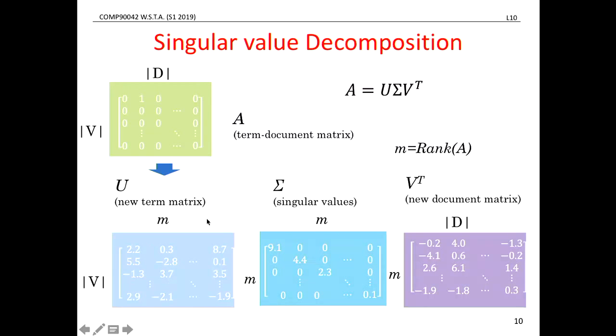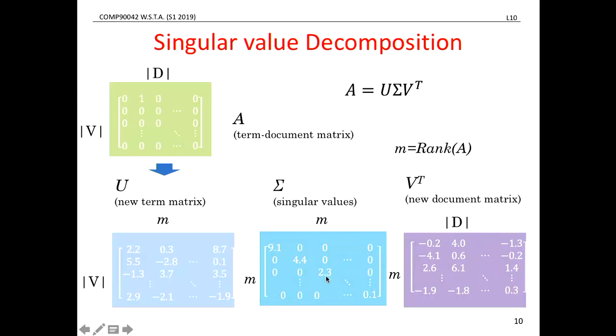And the one on the left is giving us a representation of each of the rows from our original matrix in a vector space, in a matrix of width m. And similarly for our documents, we're also representing them in this last element as something of size d by m.